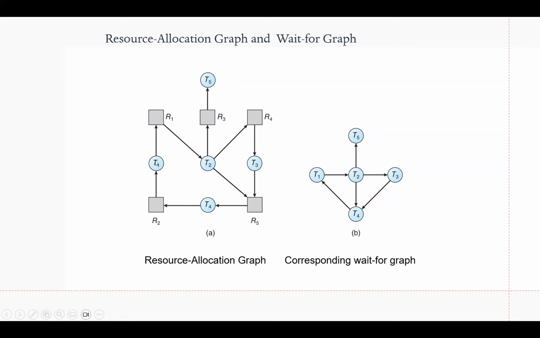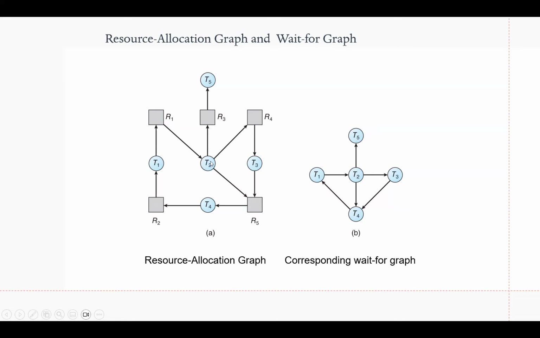In the wait-for graph, we don't have the resources; we have only the threads or processes, and we can add the waiting edge. As T1 is waiting for R1 and R1 is held by T2, we directly give the edge T1 to T2. So T1 is waiting for T2.